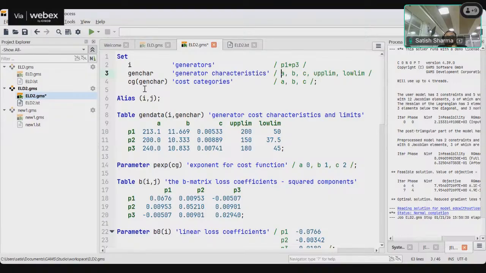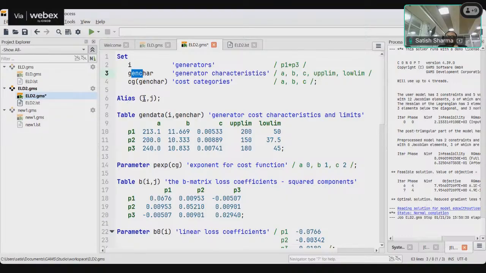It is basically a subset of the first set. So this generator characteristic is one set, and CG is basically a subset of generator characteristic, and only A, B, C is being used in this particular set. So we have basically created another set out of a master set.